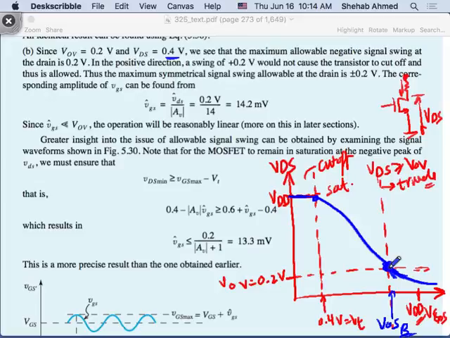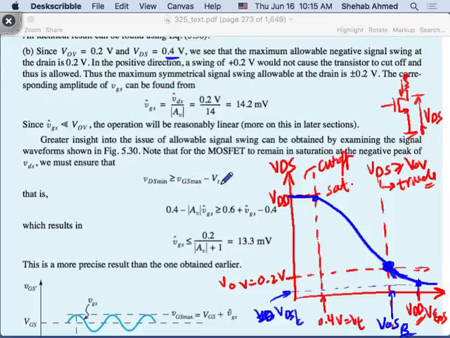There will be some value here, I don't know the value. The value here is your bonus as well. This is the VDSC point that you're asked to calculate as a bonus. But it's not going to be very important for us because we're trying to operate only in saturation mode.